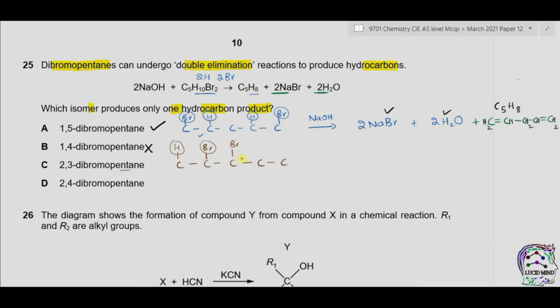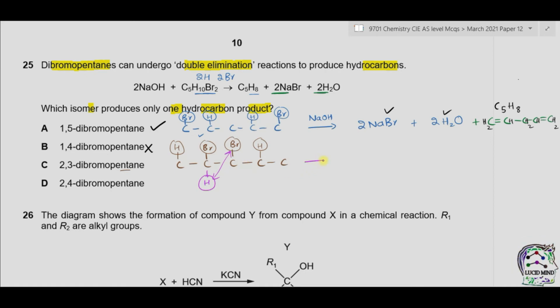So the second elimination will be possible if this hydrogen atom is removed along with this bromine atom. We can also see that this carbon has a hydrogen atom present, so this bromine can also be eliminated with this hydrogen. So the second double bond can either be between these two carbon atoms or between these two carbon atoms.